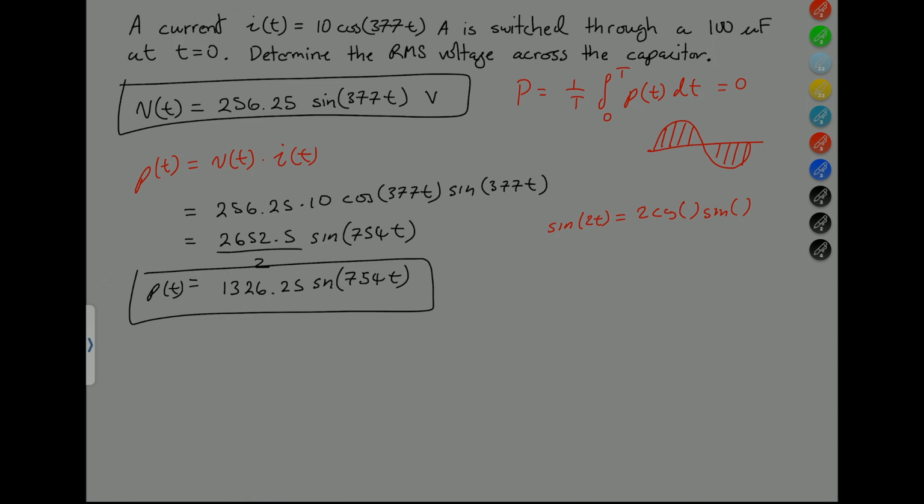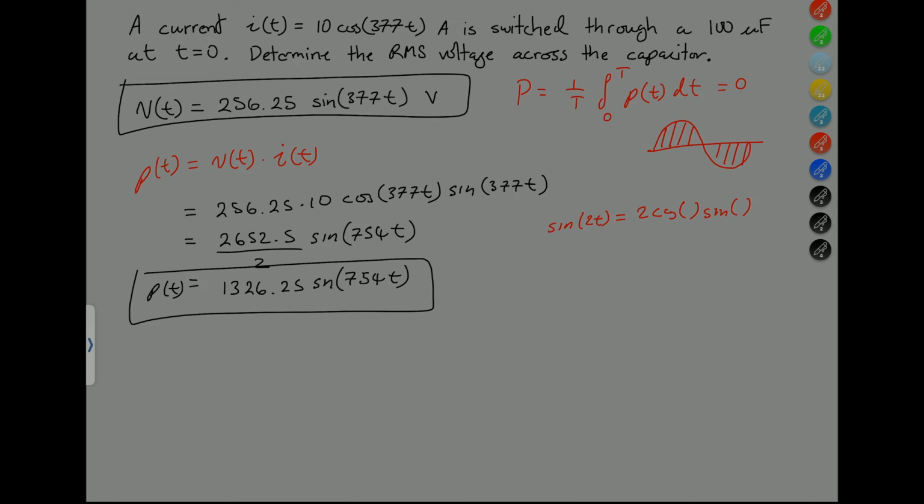We could then go ahead and calculate our average power. But as we know, the average power is going to equal 0, because once we integrate over 1 period, the positive is going to cancel out the negative. So we can then go ahead and use LTspice to prove that.